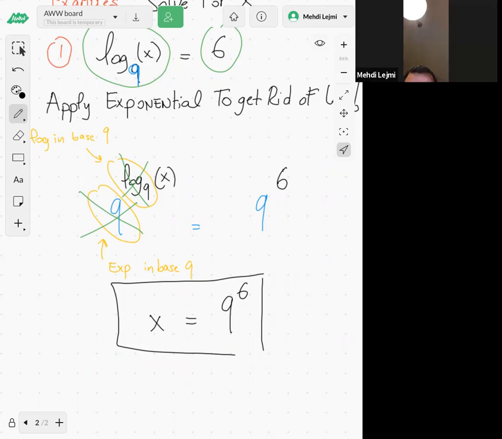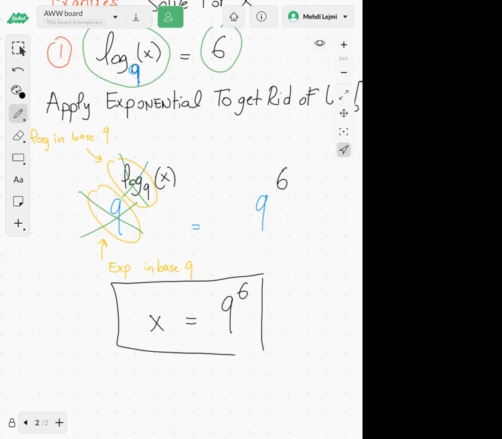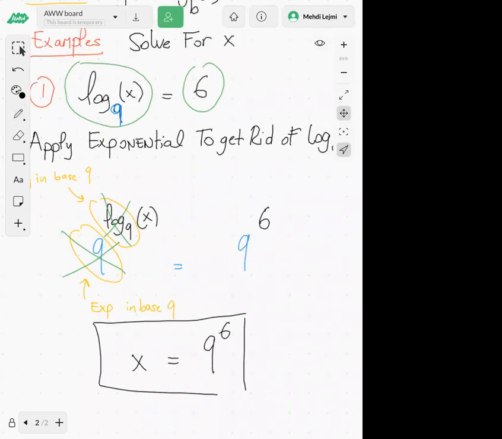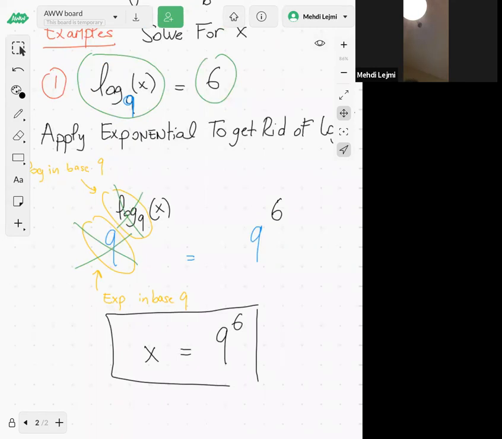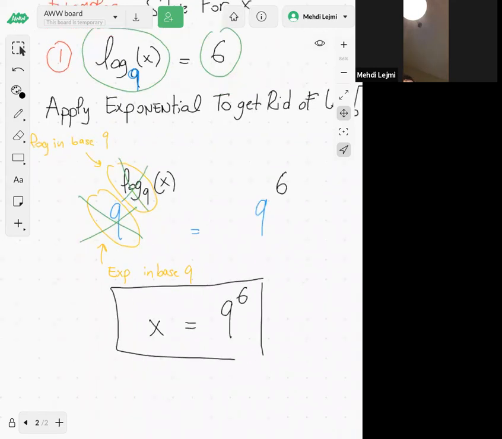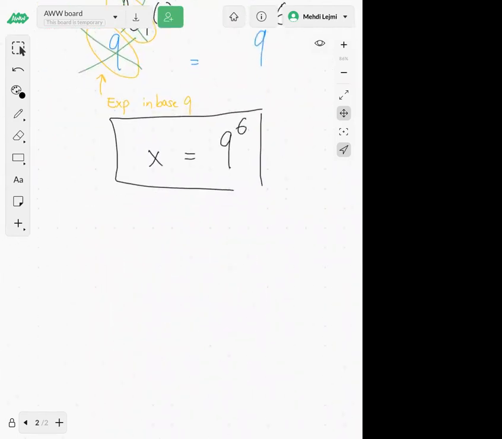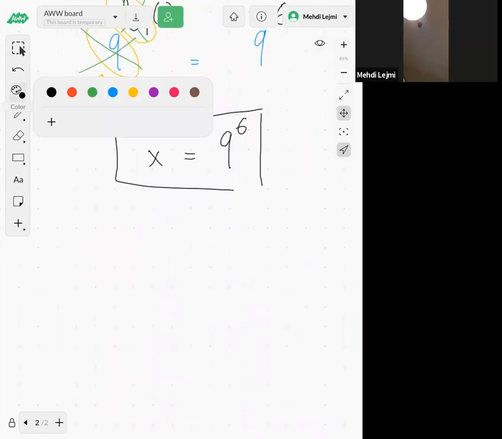Where's the cube? I don't see the cube. Never mind. Sorry. No, it's a 9. It's a 9. Okay. I mean, here it was log in base 9. Okay. Right. Another example. Yes. No, sorry, go ahead with the next one.